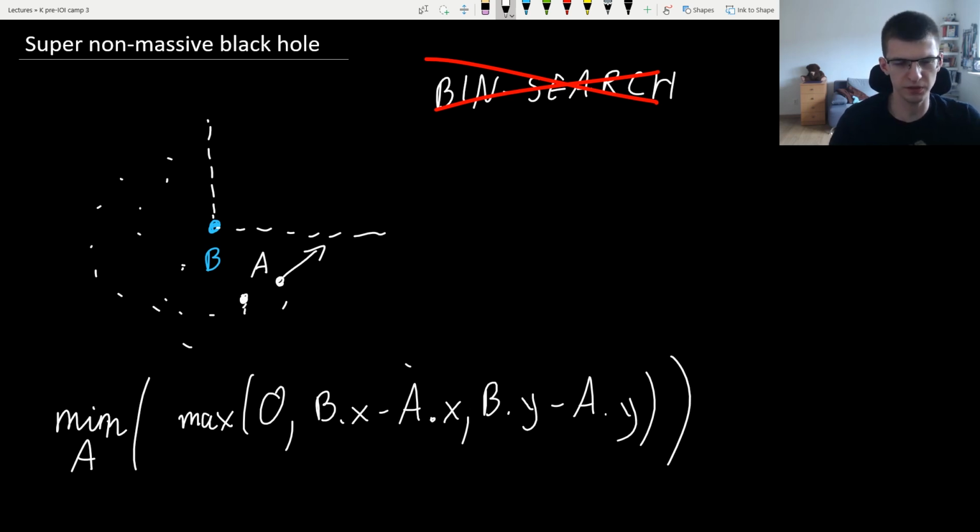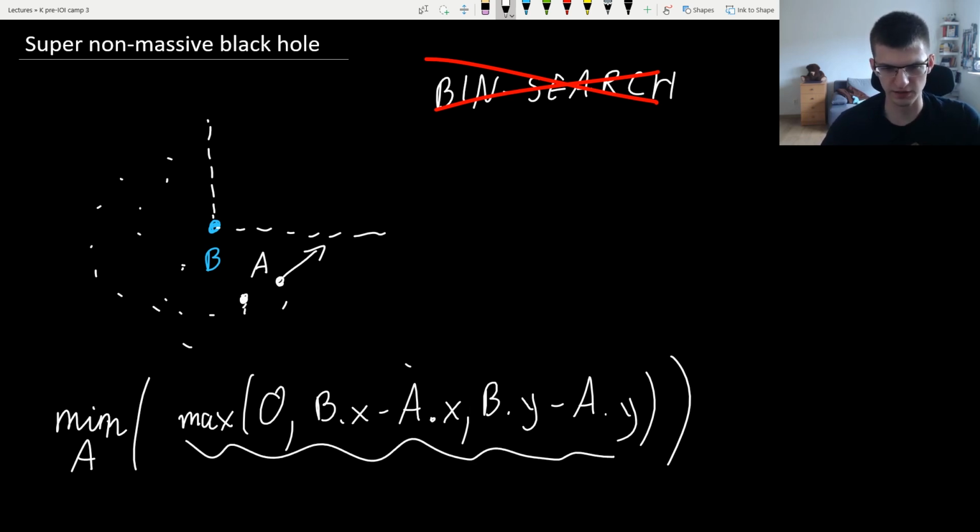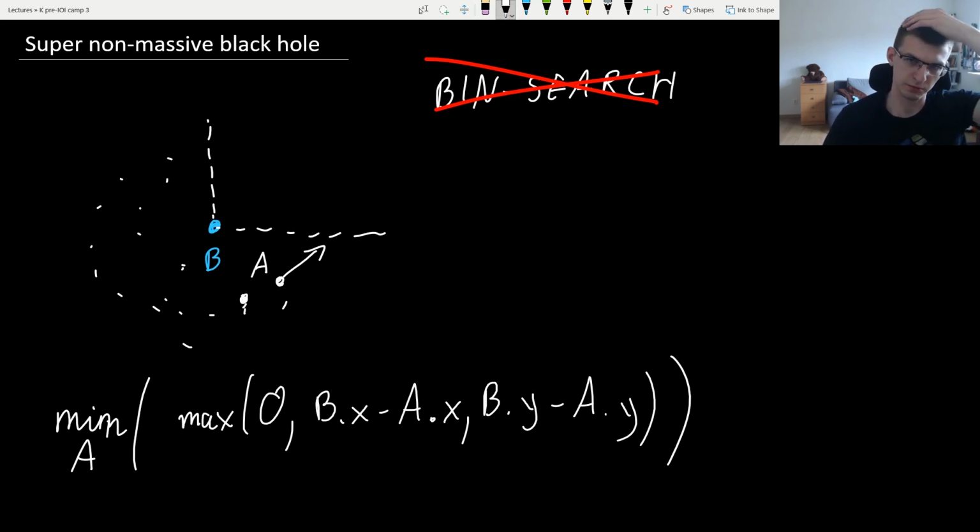For every point B, I want to find by what value I need to shift values of A. So this chooses the nearest of points A. And this is the distance between B and A. By what value I need to shift this point A to make B dominated. If I compute this value for every point B, I will know the answer.